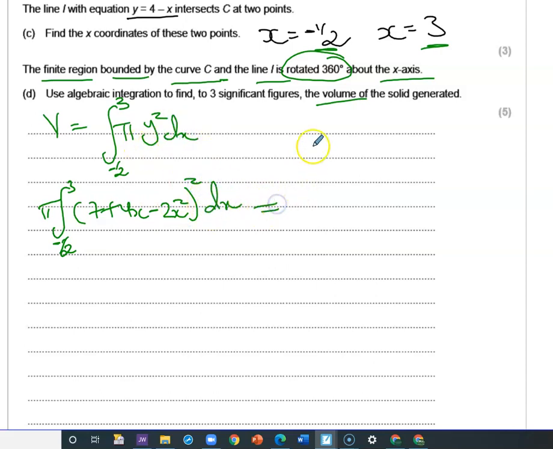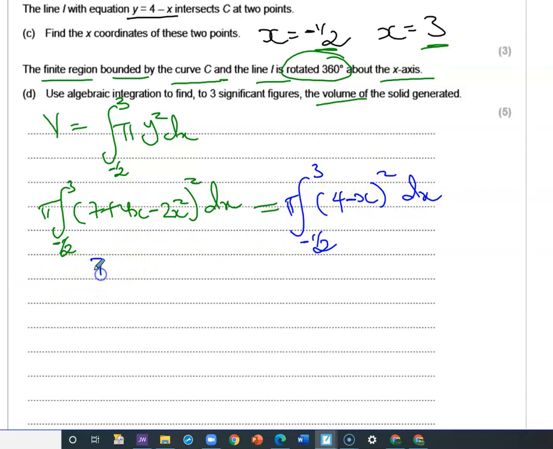And that should be equal to the straight line being rotated about the same section, so we have 4 minus x squared dx. So our task now will be to expand these squared brackets. We have to do this separately, so I'm going to try to do that here.